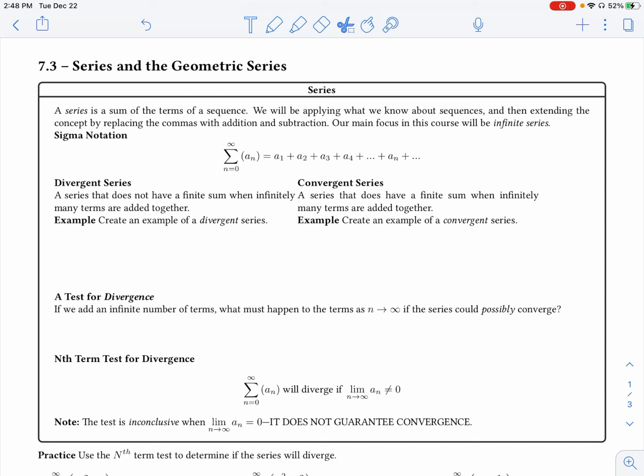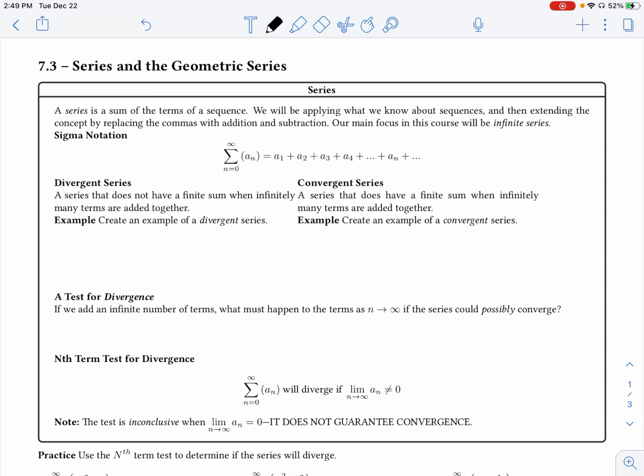An infinite series can be notated using sigma notation. We first discussed this when we talked about integrals, which are effectively the sum of a bunch of really small partitions. So this particular series can be written in this sigma notation, where n equals 0 is our lower index and our upper index is infinity.